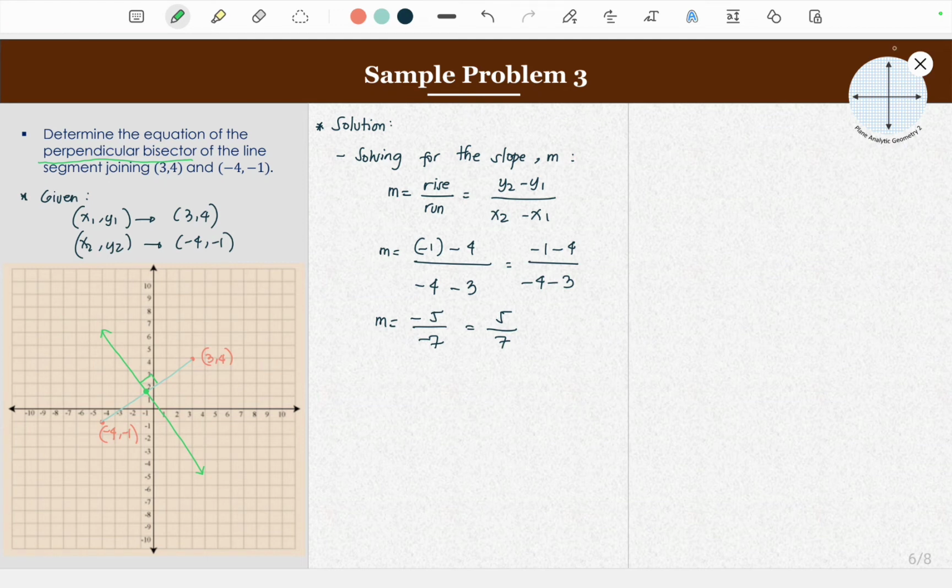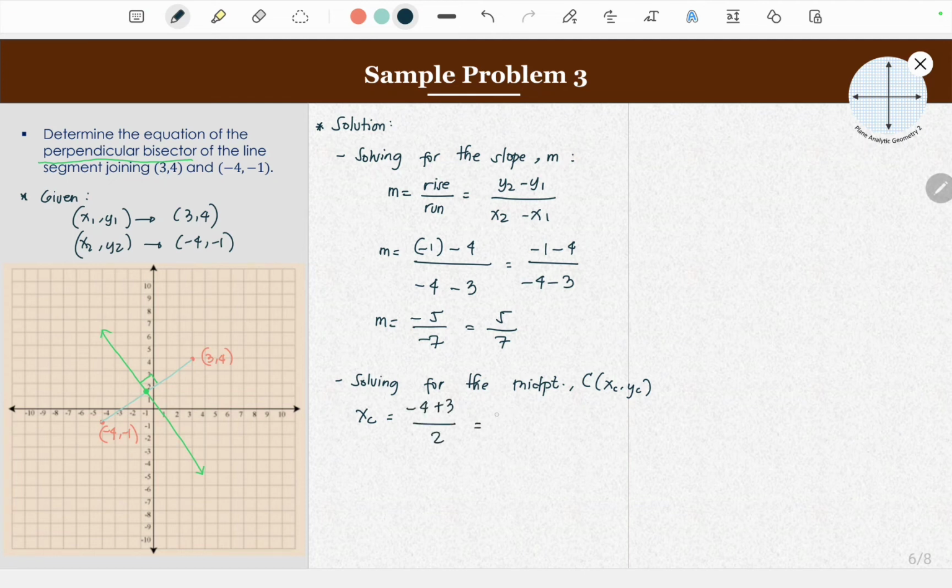Okay, so now let us determine this midpoint here. So solving for the midpoint, the x coordinate is just the average of the two x coordinates. So this is negative 4 plus 3 over 2.